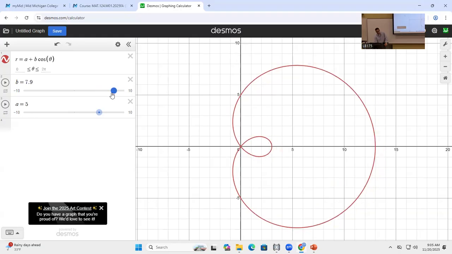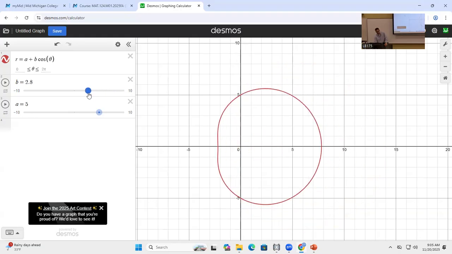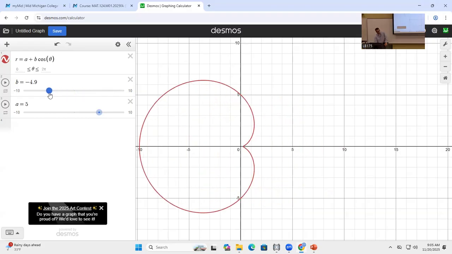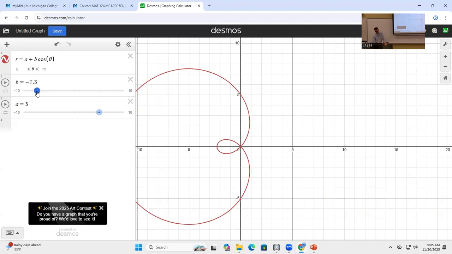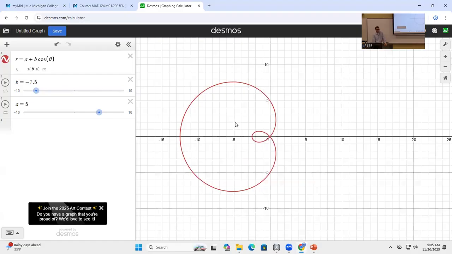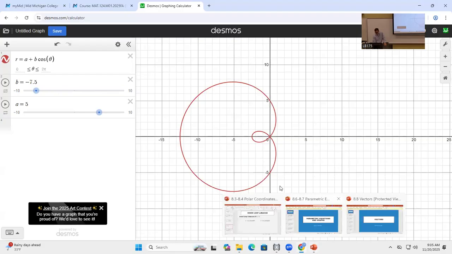If B is bigger, if I start decreasing, then it becomes dimpled. If I decrease enough, it moves over to the other side when we get negatives. And at -5, I get a cardioid facing the other direction. And I'll get an inner loop facing the other direction with a negative number bigger than 5. So that's what we saw last time.